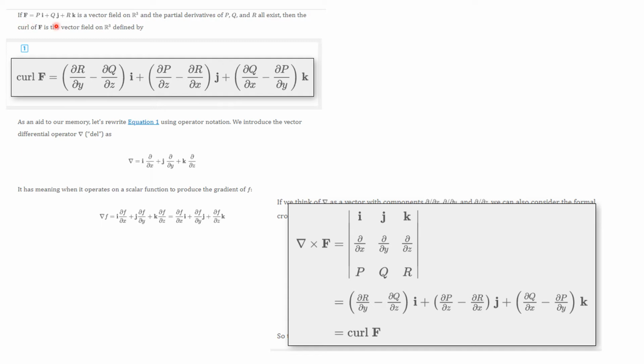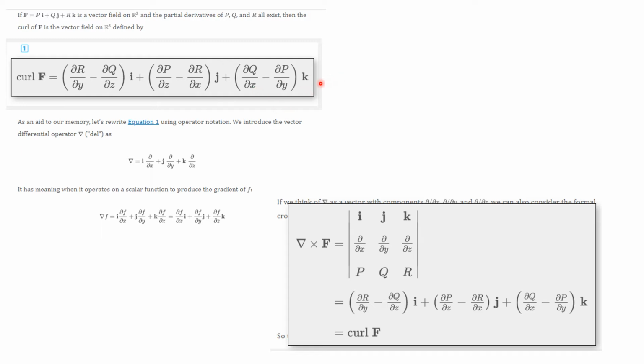So if capital F equals Pi plus Qj plus Rk is a vector field on R3, and the partial derivatives of all those coefficients exist and have the right level of continuity, then the curl of F is the vector field on R3 defined by the difference between these two partials in the i direction, the difference between these two partials in the j direction, and the difference between these two partials in the k direction.